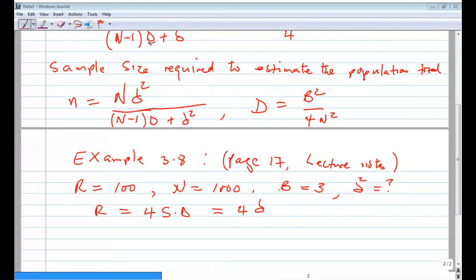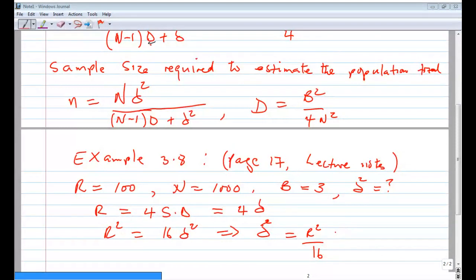Now we just want to find the variance, so you can square both sides. R equal to 4 sigma gives R squared equal to 16 sigma squared. But you want to find the variance, so the variance is equal to R squared over 16. So now you have got your variance.